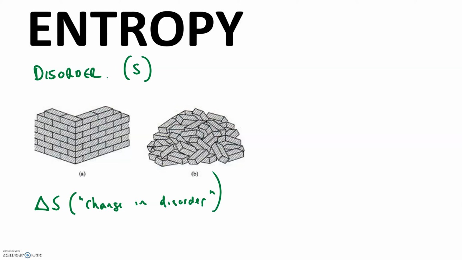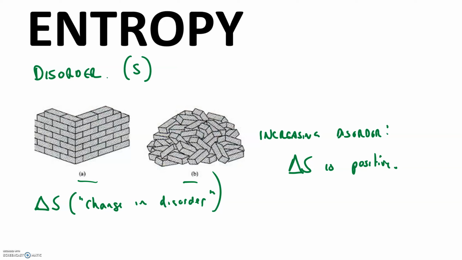So every time we have a situation that results in a reaction going from a more ordered condition to a messier condition, we would say this has increasing disorder, or we would say that the delta S is positive because we've gone from a state of low disorder, right, nice and neat, to a state of high disorder, which is this big pile.